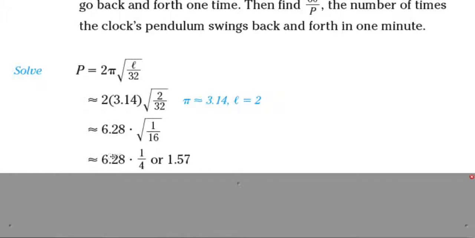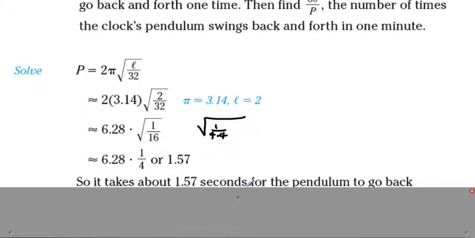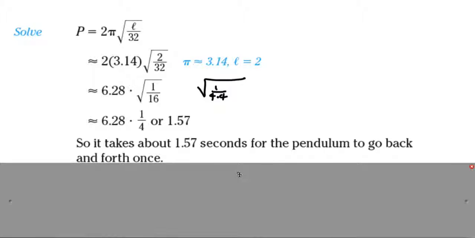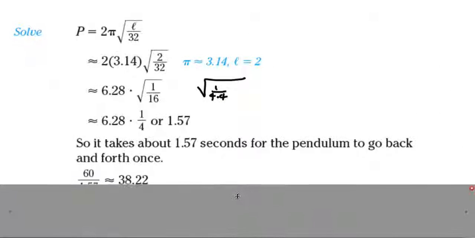Then we have 6.28 times 1/4, because this is actually the square root of 1 over 16, which is 1/4. That's the reason why it became 1/4. That gives 1.57, so it takes about 1.57 seconds for the pendulum to go back and forth once.